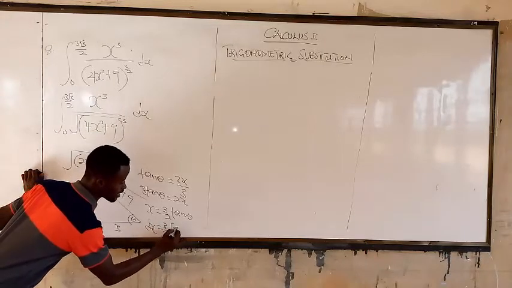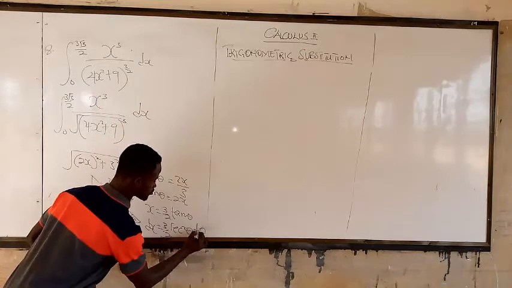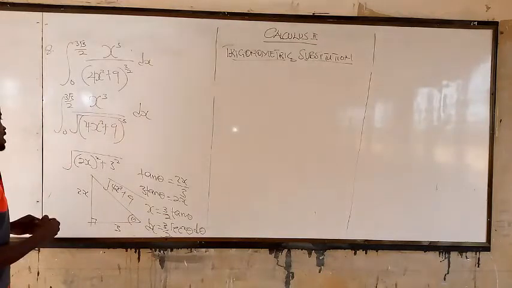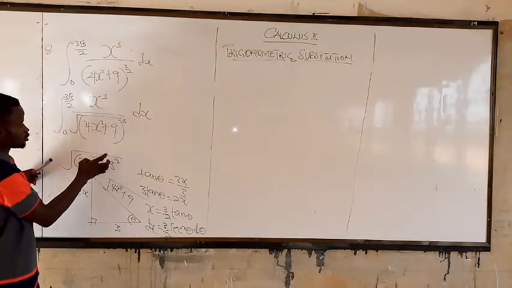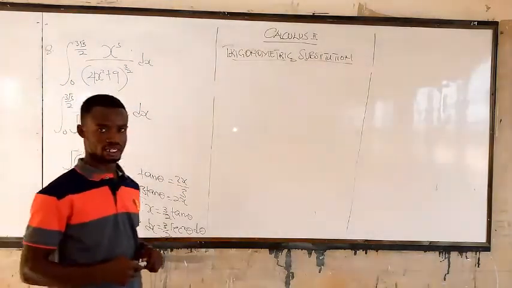You get sec squared theta d theta. Alright. So that is what we are going to have for that. Very good. Don't forget that this is just the square root of this, so we have all to the power 3. That will come in later.